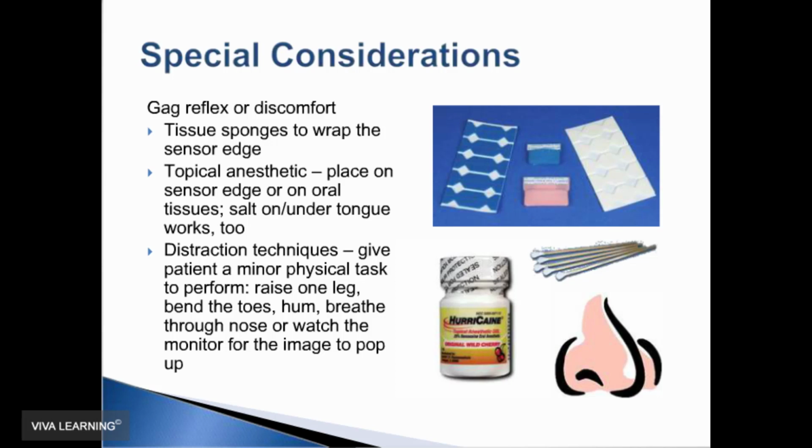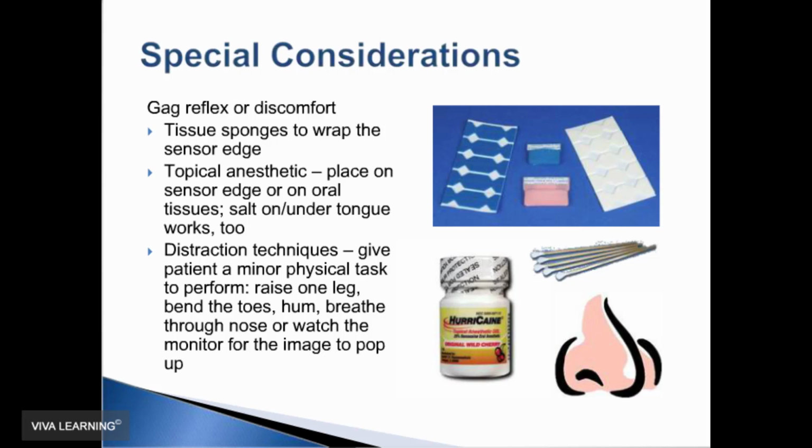I have tori in my mouth, and I find when these little sponges are used on the receptor, regardless whether it's film, a plate, but particularly with a rigid receptor, this makes it comfortable enough to maintain the placement. If the patient gags or is very uncomfortable, you can also use topical anesthetic.